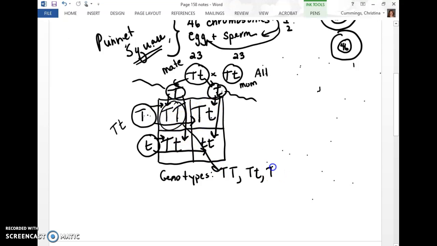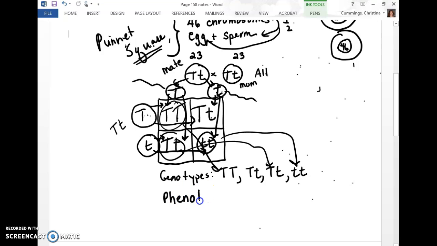There's another capital T, lowercase t there. And then finally, our last genotype is little t, little t. So what will those plants look like? What will their phenotype be?